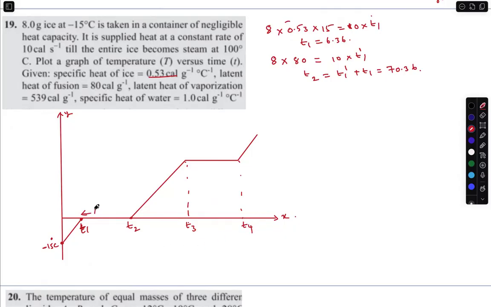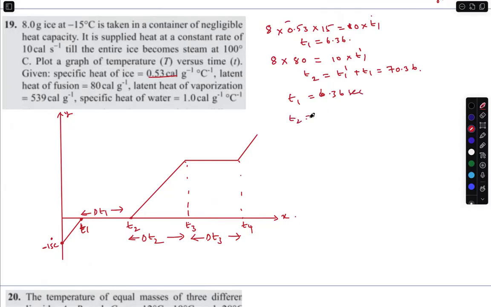Intervals delta T1, delta T2, delta T3, likewise. So this is how you will work. The first interval T1 we got as 6.36 seconds.